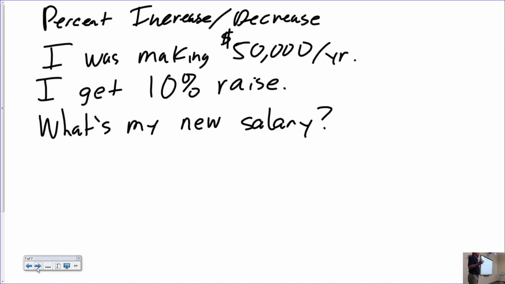How do you do this problem, folks? Take 10%, make it a decimal, so 0.1. And then I multiply by 50,000. You get 5,000, but then you have to add it back to the 50,000, so it's 55,000.